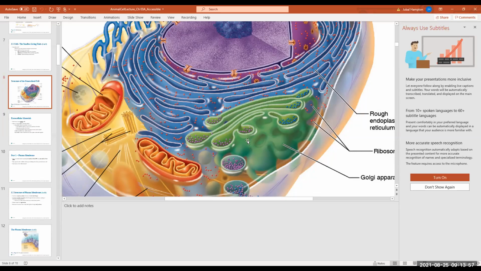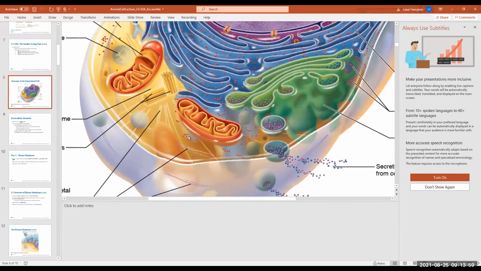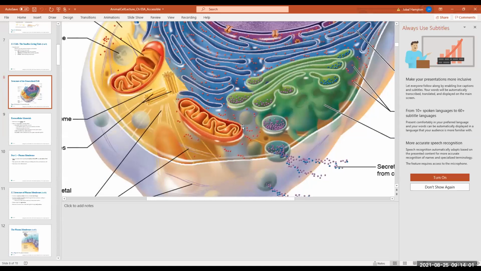Mitochondria here are always oblate. They have like this oblong shape to them. They're full of membrane crista, and these are the powerhouses. These make ATP, the mitochondria.